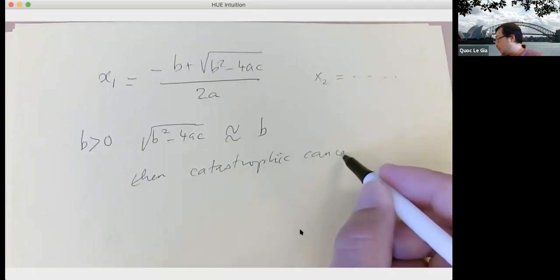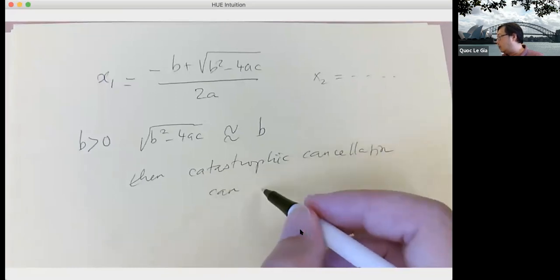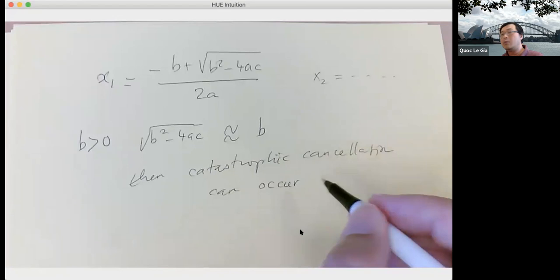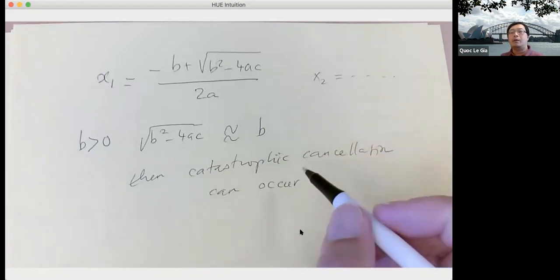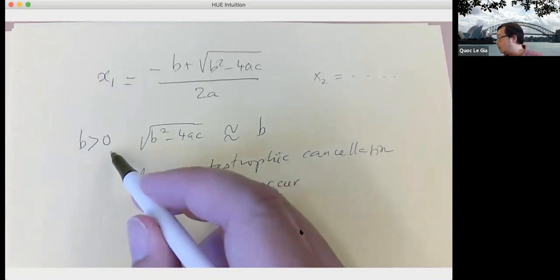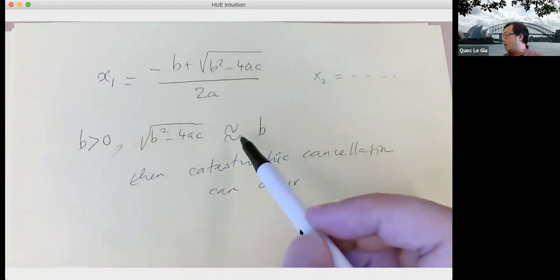So remember when you take the difference between two real numbers very close to each other, then the relative errors can blow up. So how do we fix it?